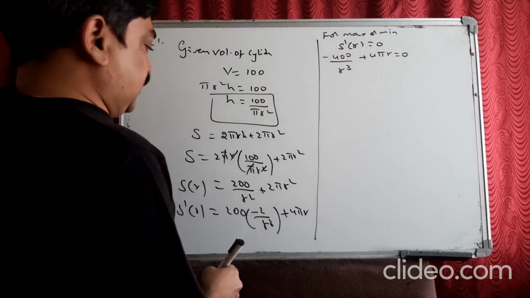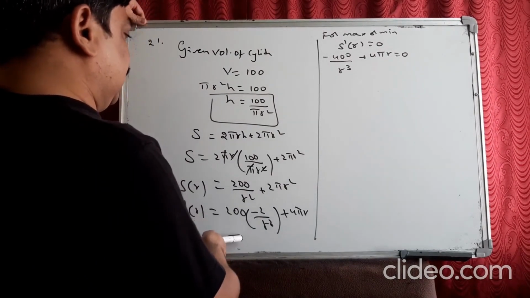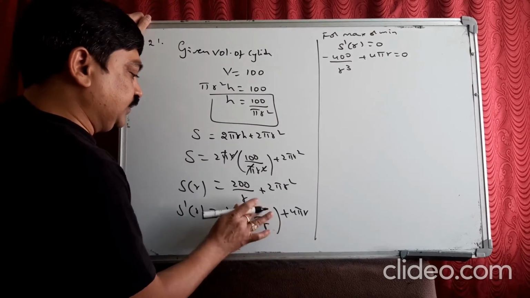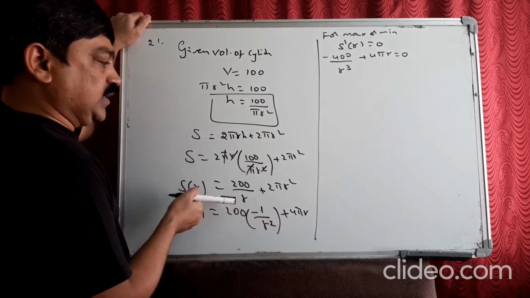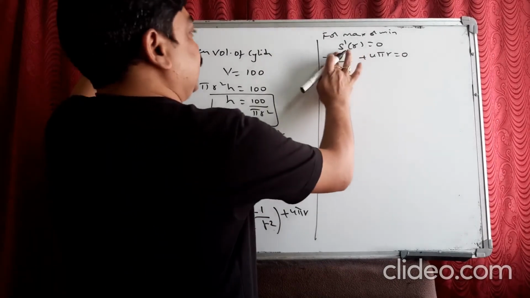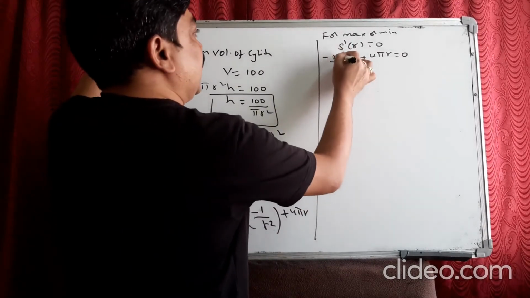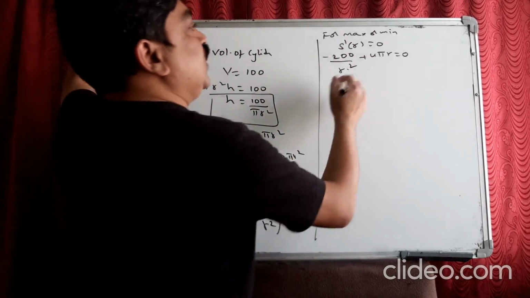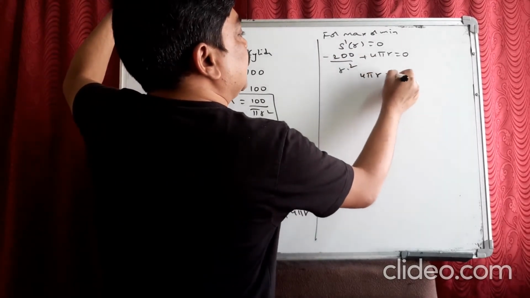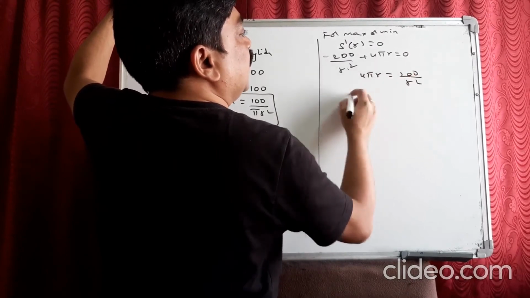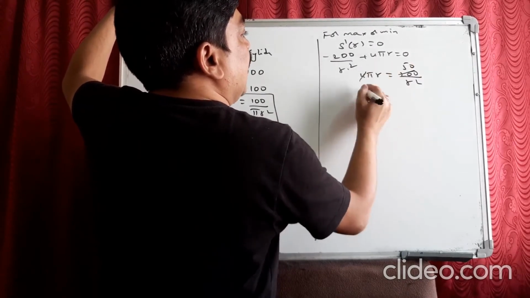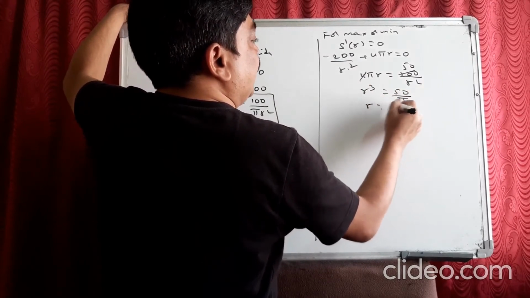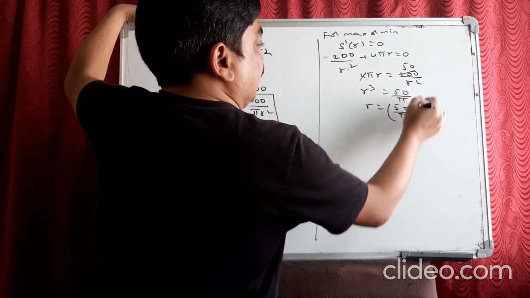Now this is r, so it becomes minus 200 by r square plus 4 pi r is equal to 0. Then 4 pi r is equal to 200 by r square. So r cube is equal to 50 by pi. r equal to (50 by pi) power 1 by 3.